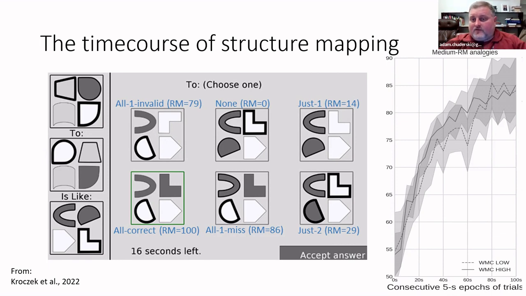So, of course, there are strong differences between high and low working memory capacity people in how they manage in analogies, but it is not because they are not able to construct full-blown relational representations.